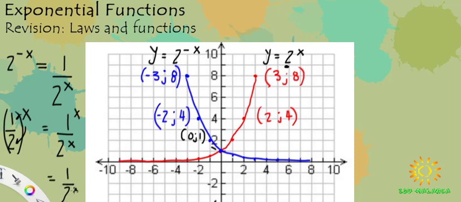Can you see then that in this function, the base a is actually a fraction, which is 1 over 2. And when our base was a fraction, what happens is that as the x values increase, the y values decrease.